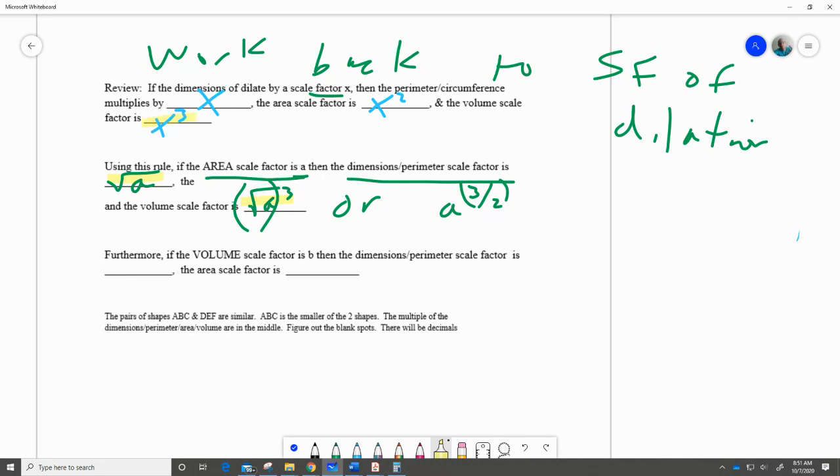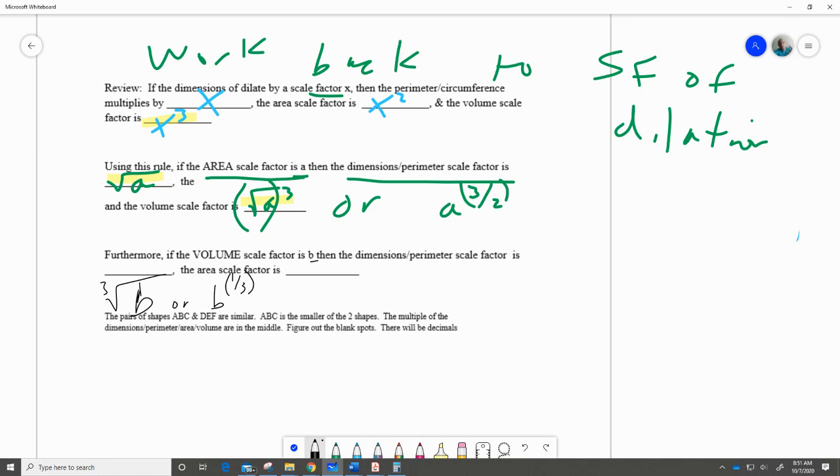Now let's say the volume scale factor is B. So let's say we have another shape that gets dilated, and it dilates to where the volume multiplies by B. If the volume multiplies by B, we have to work backwards to find the scale factor. The scale factor would be the cube root of B, or we can call it B to the 1/3.